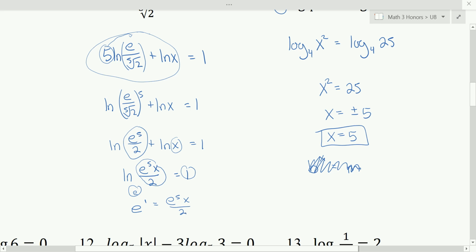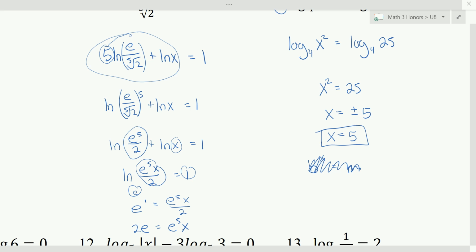Okay? Now we just need to get x by itself. So what would you do next? Multiply by 2, and you get 2e is equal to e to the 5th times x. And next step? I want x by itself.